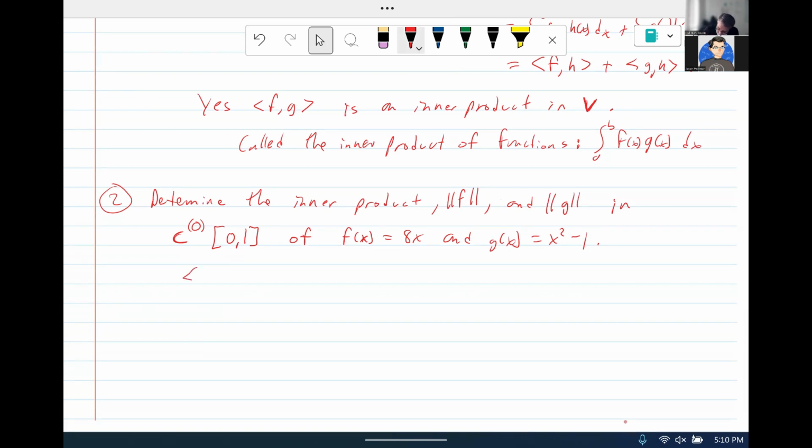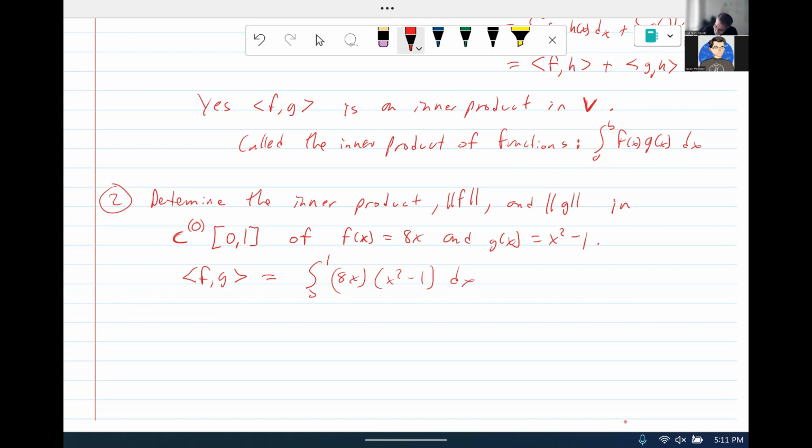So the inner product of f and g is equal to the integral from 0 to 1 of 8x times x squared minus 1, f of x and g of x dx.